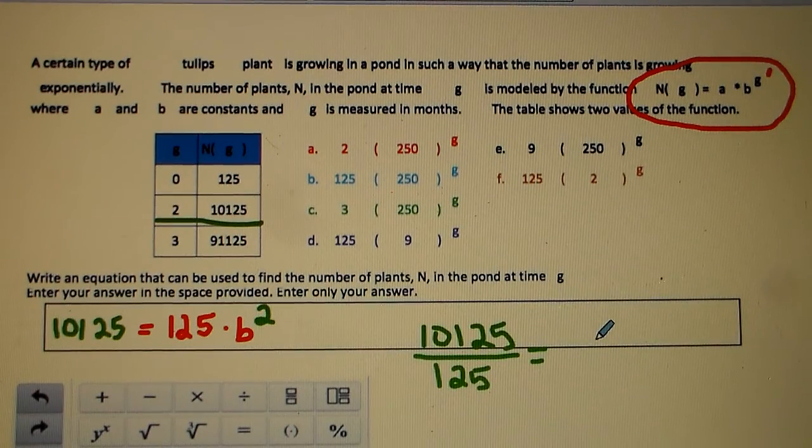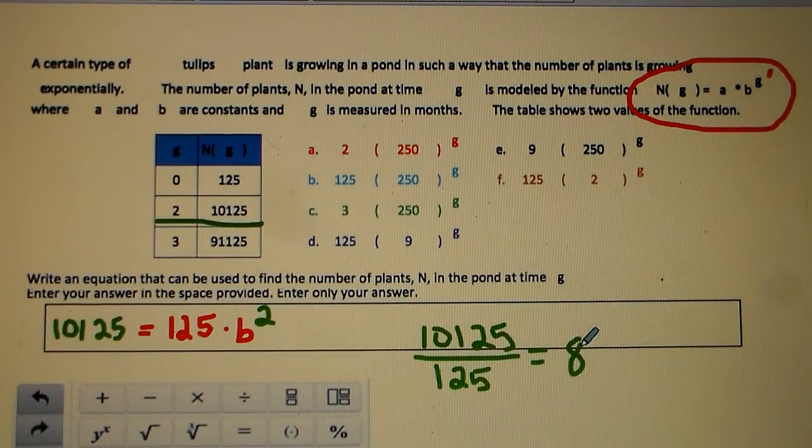So we get 81. So then we have 81 on the left side is equal to b squared.